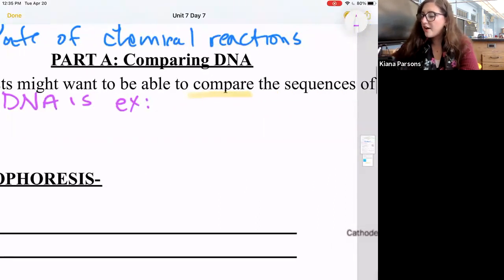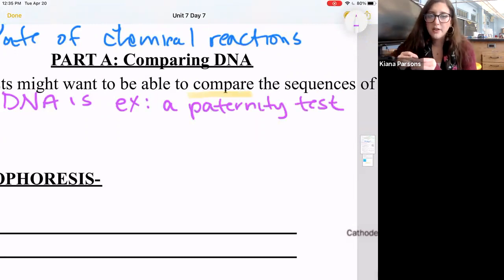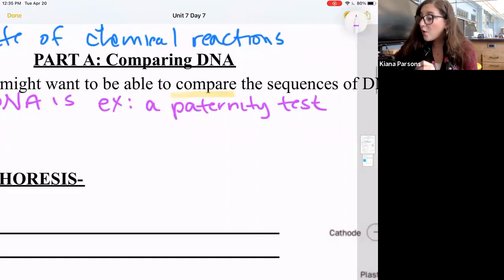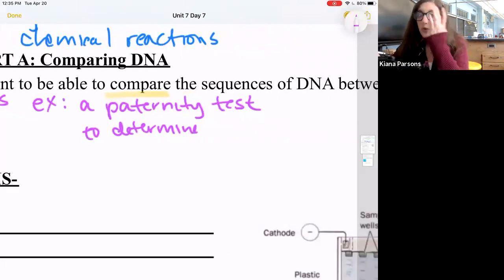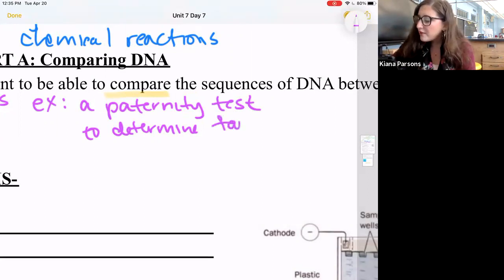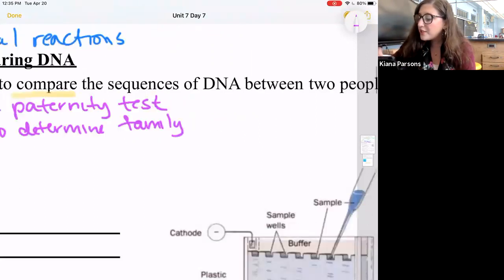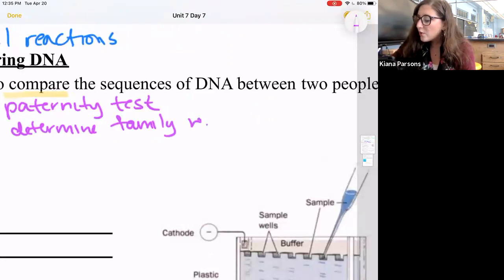So to see who is the father of a child, right? Like think about Maury. You are the father, you are not the father. I'm sure we've seen the memes. Or to determine familial relationships or ancestry, right? Like Ancestry DNA or 23andMe that you may have seen advertised online to determine family relationships or ancestry.